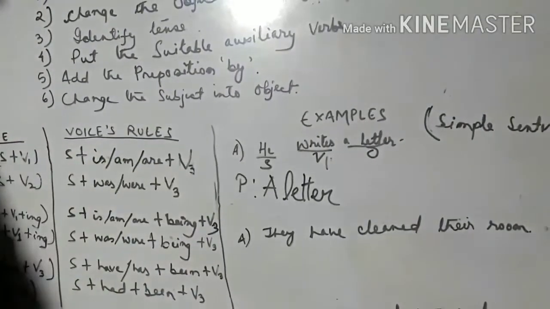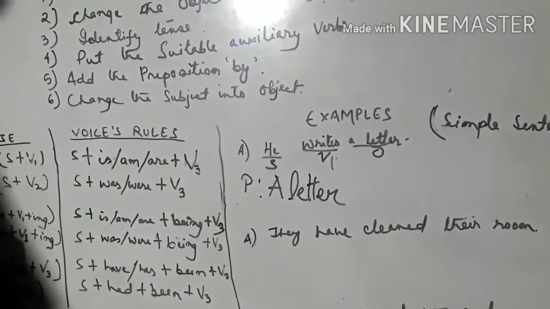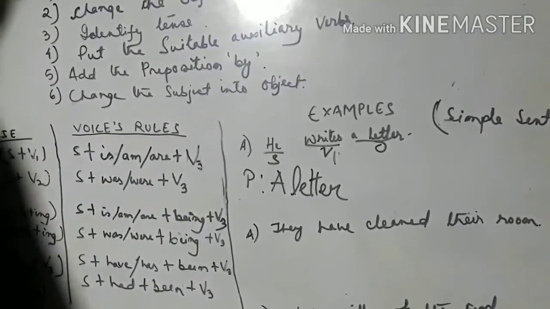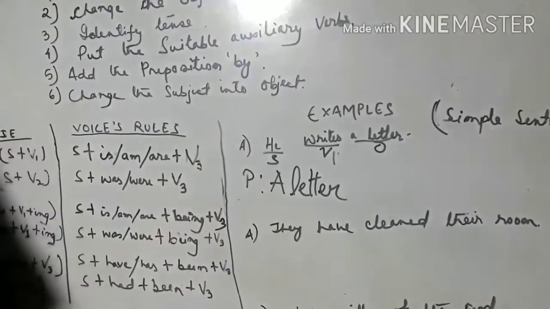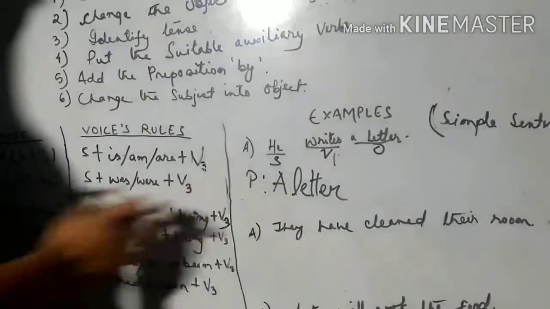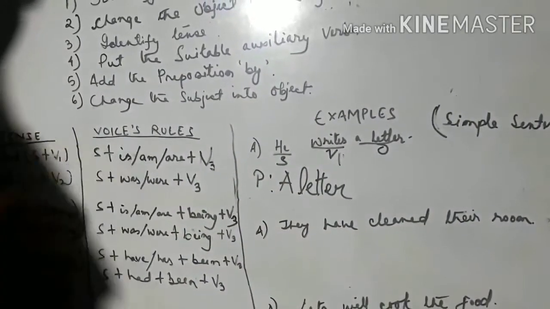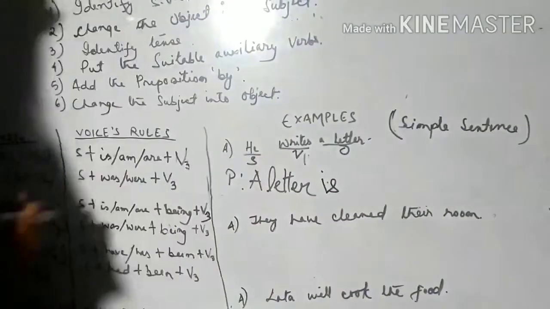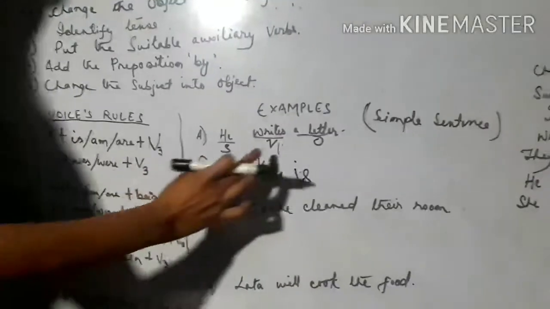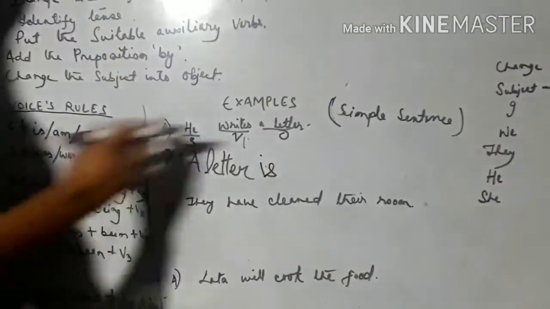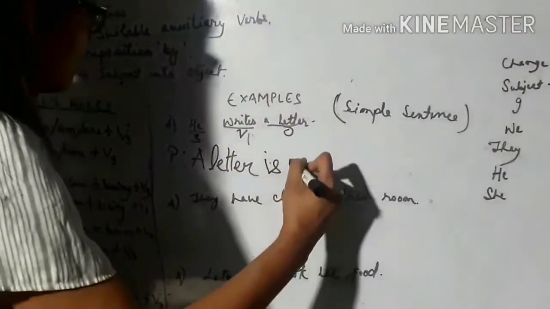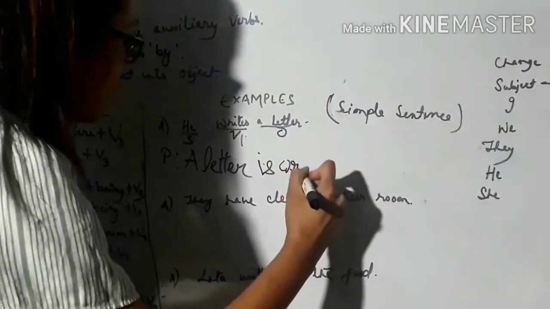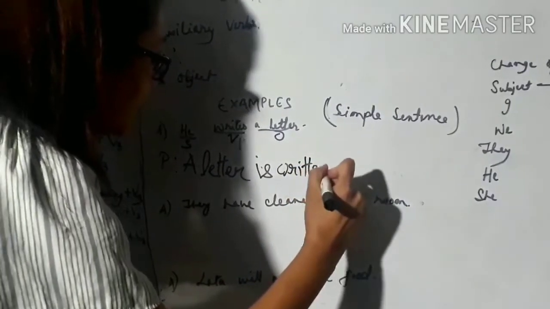According to the subject's number, the subject is singular, a letter is singular, so you need to put is. A letter is. Then the first verb changes into B3. Write, wrote, written.